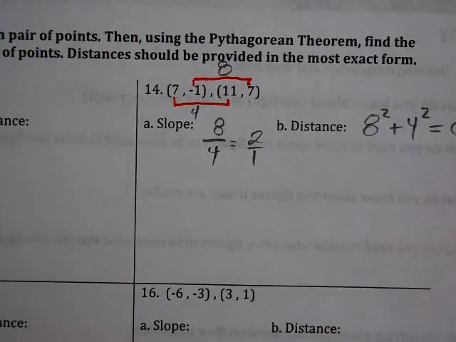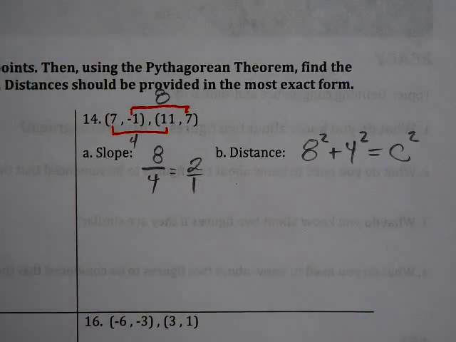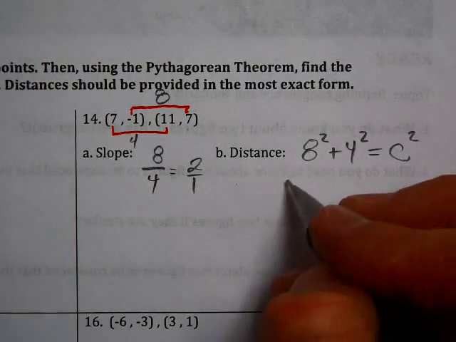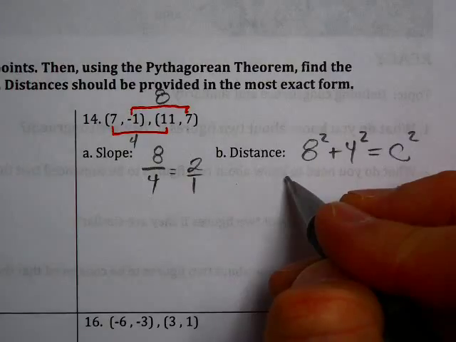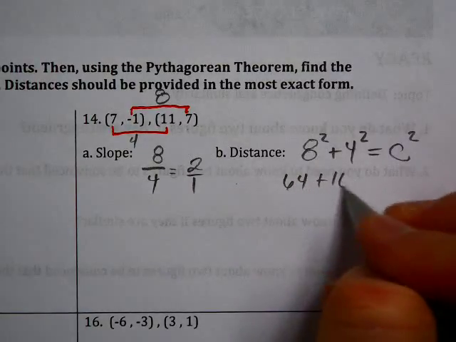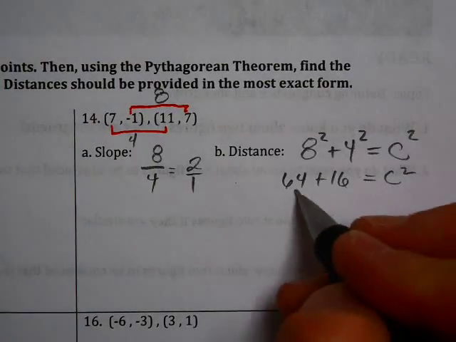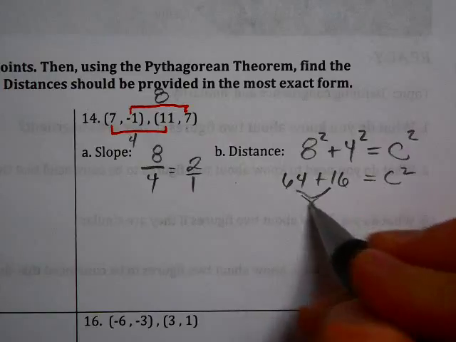It's always going to be c in this case. So 8 squared, who knows what 8 squared is? 64, good. And 4 squared? 16. So 64 plus 16 is 80.